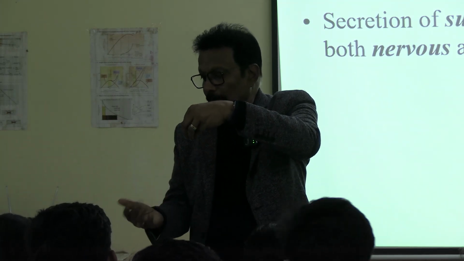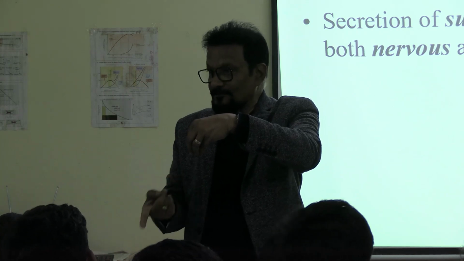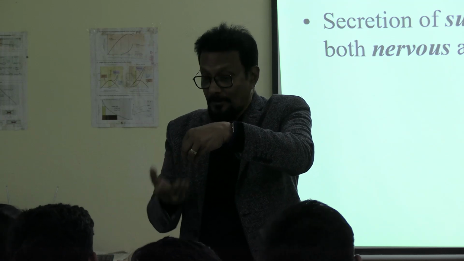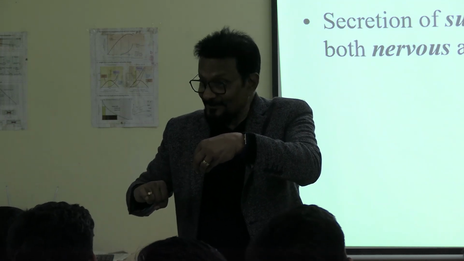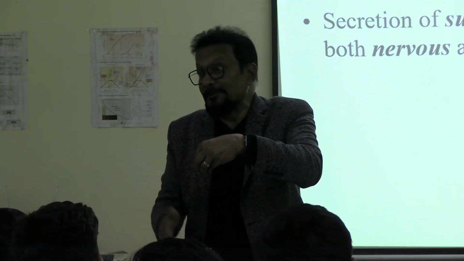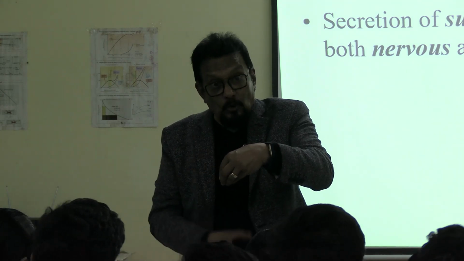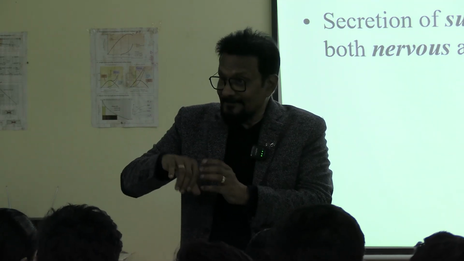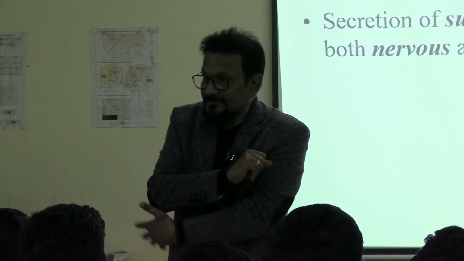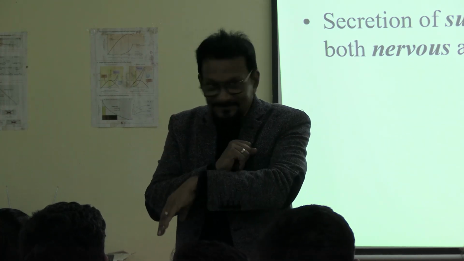Okay, so how do they work? When there is a change in acidity, more acidity, this reflex will be stimulated. When there is any distension, they will be stimulated. To minimize this distension and acidity, reflexly they will secrete more alkaline juice and produce more mucin, so that when the food is pushed, it cannot damage the wall because the surface of the food will be slippery.